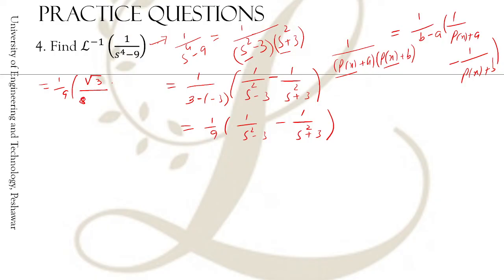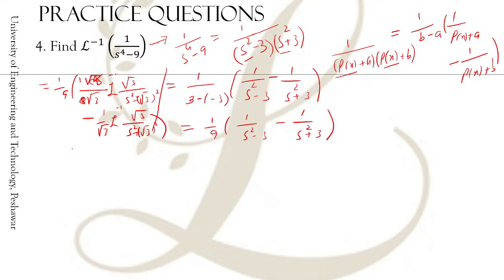In fact, here we are multiplying by 1/√3 and also dividing, so leave that. 1/√3, and then we have Laplace inverse of under√3 divided by s square minus under√3 square, minus the next one is again 1/√3 into Laplace inverse of under√3 divided by s square plus under√3 whole square.